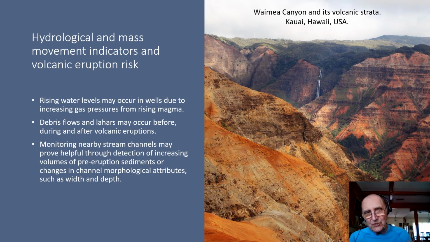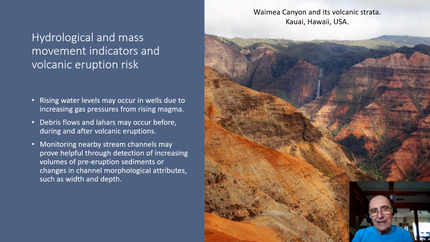Other techniques in trying to predict volcanic eruptions include hydrological indicators and mass movement indicators. For example, rising water levels can occur in wells due to the increasing gas pressures from a rising magma. Debris flows and lahars can occur before, during, and after a volcanic eruption.